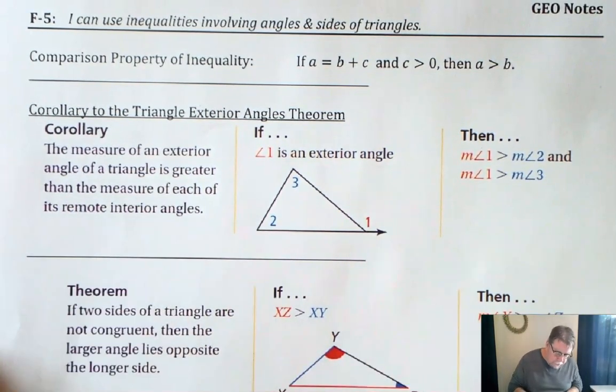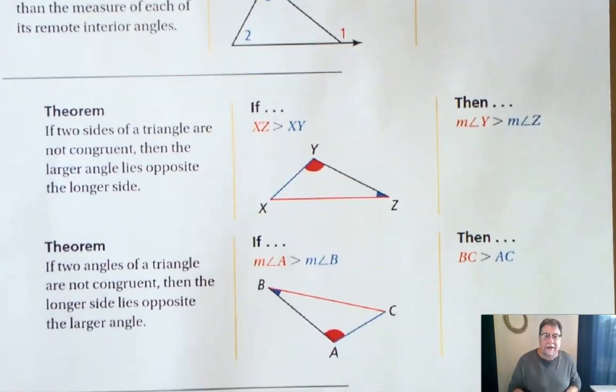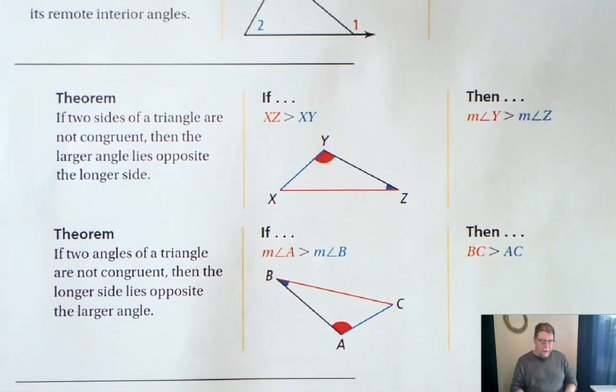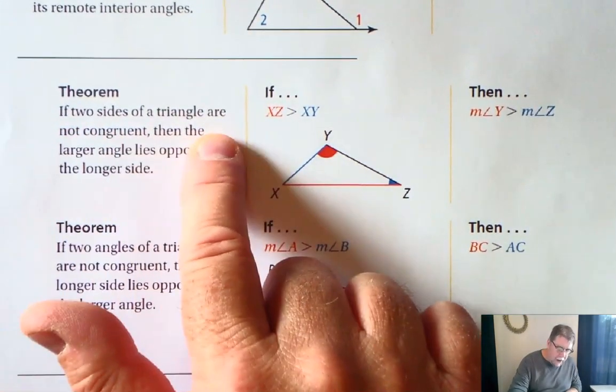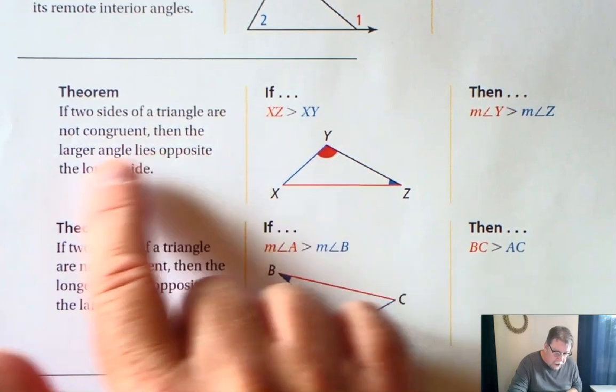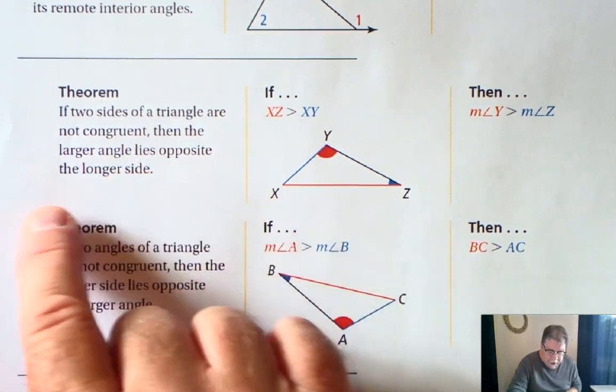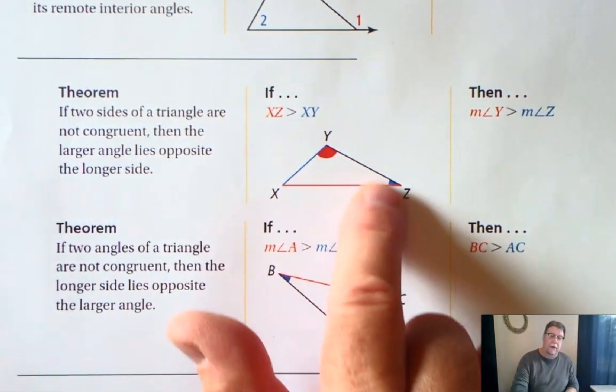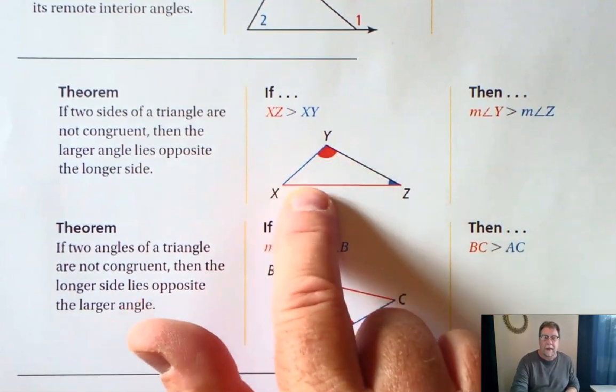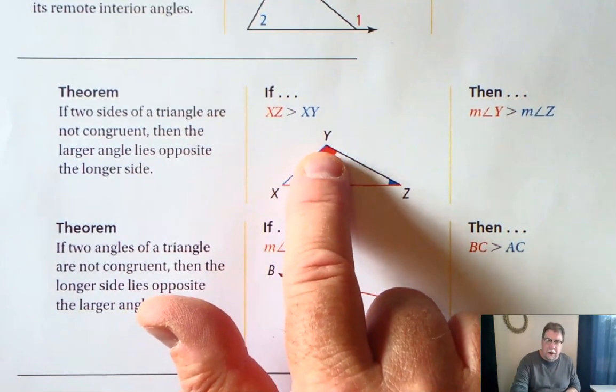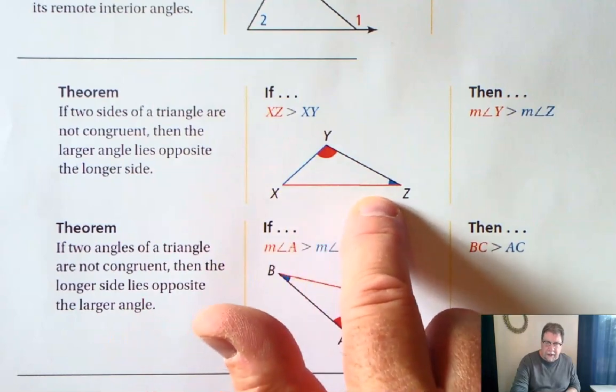Piggybacking off of that, we have this concept, the one I really want to get to. If two sides of a triangle are not congruent, then the larger angle lies opposite the longer side. If you look at the triangle, when you make the angle larger, the side opposite it has to get longer.